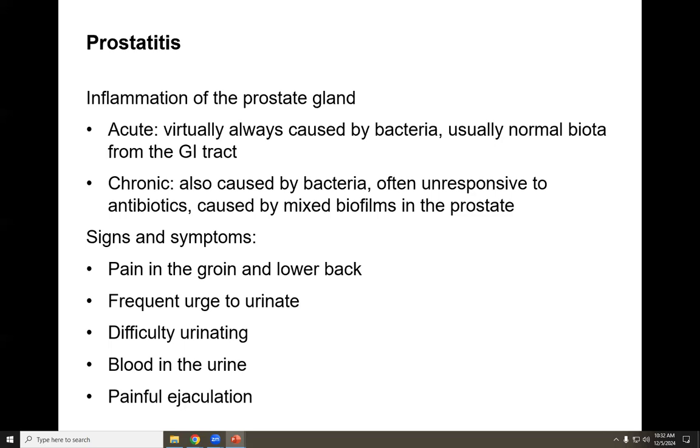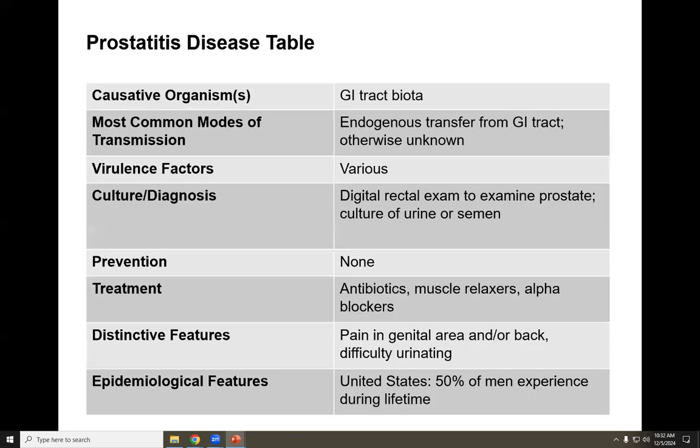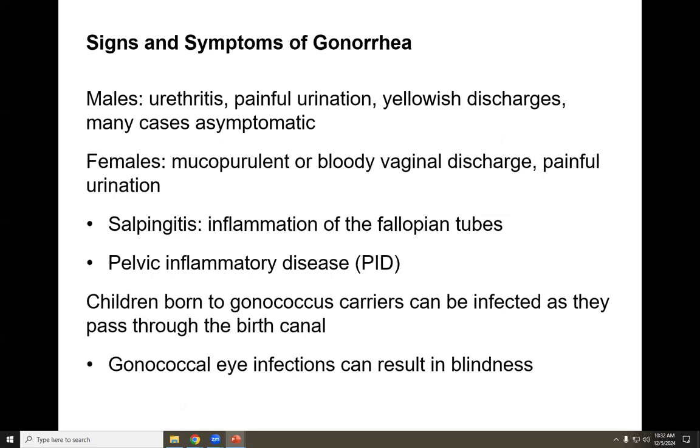That could be anal sex, oral sex, or vaginal, whatever. But anyways, it's usually not your own. More commonly, it's somebody else's flora getting into the urethra, but it is still more likely going to be E. coli than anything. So here we have true inflammation of the prostate and symptoms associated with that inflammation.